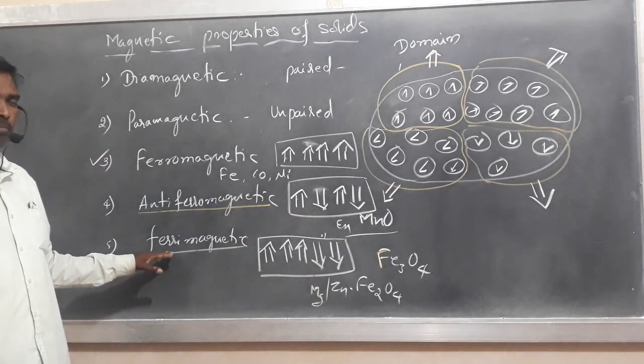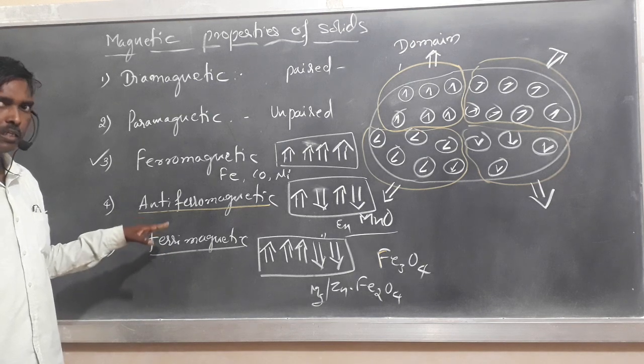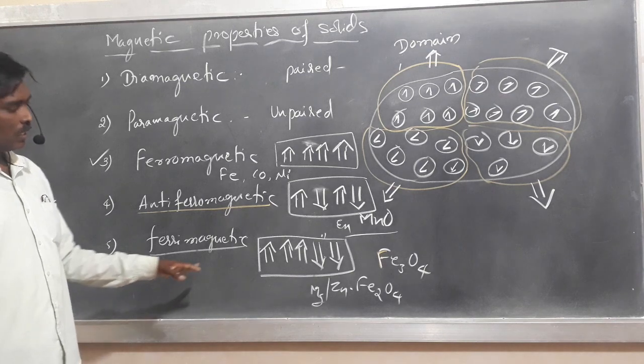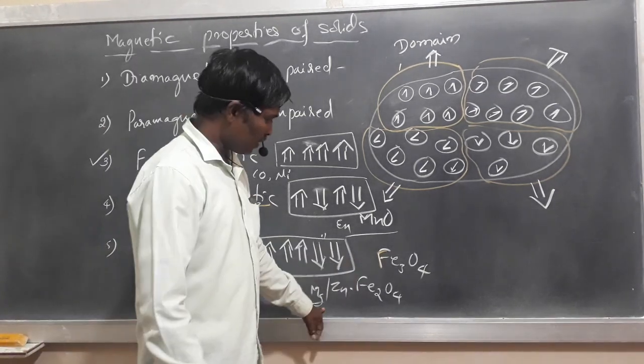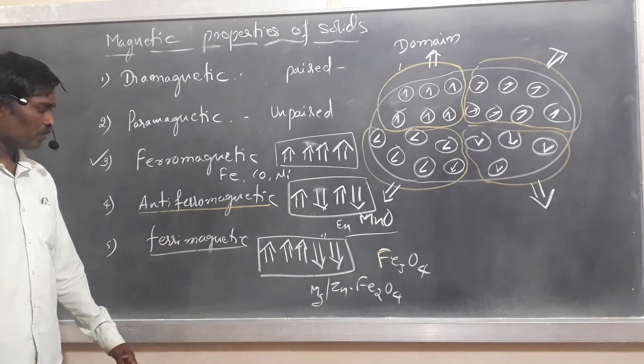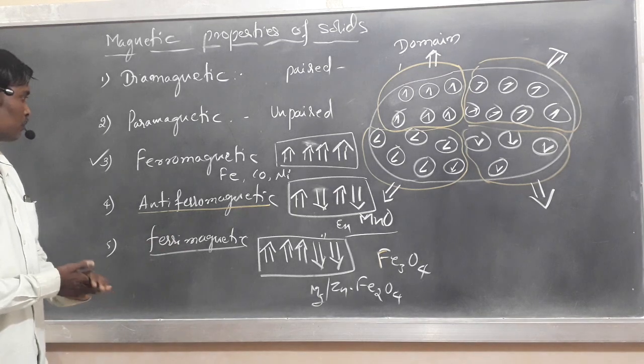Therefore, they show suppressed magnetic moment, less than the paramagnetic substance. The ferrites and Fe3O4 are examples of ferrimagnetic substances.